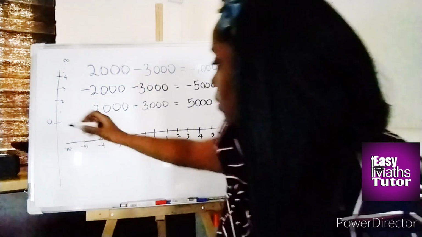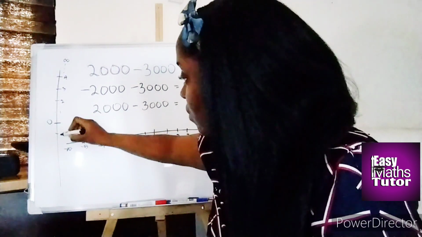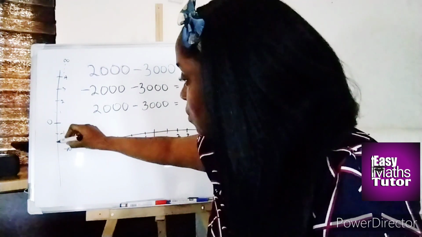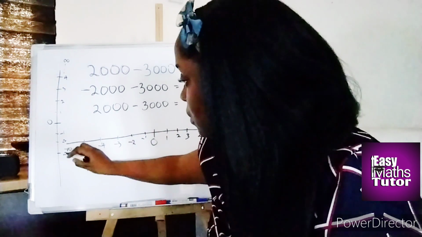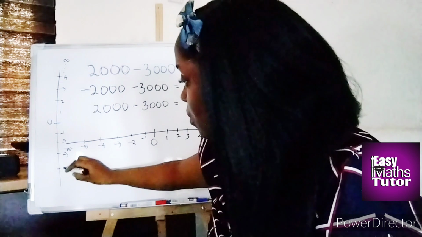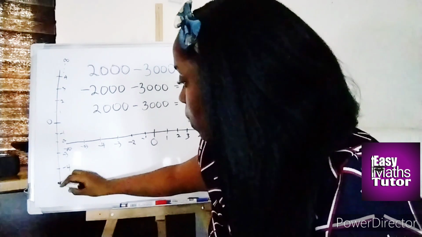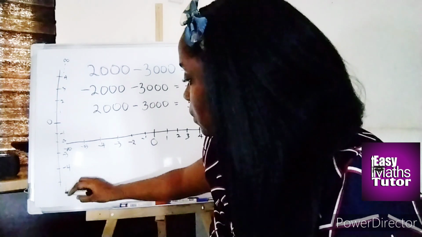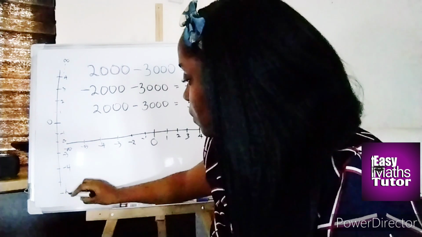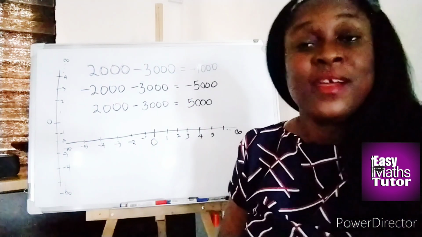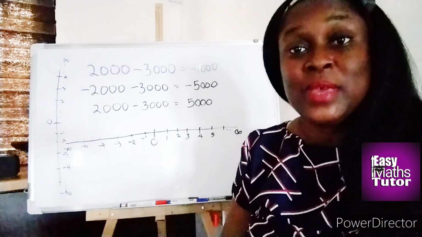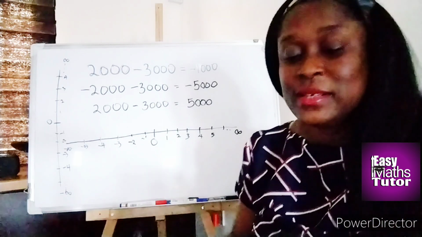Then underneath we have -1, -2, -3, -4, until minus infinity. The two ends are endless. Infinity means endless, all right?